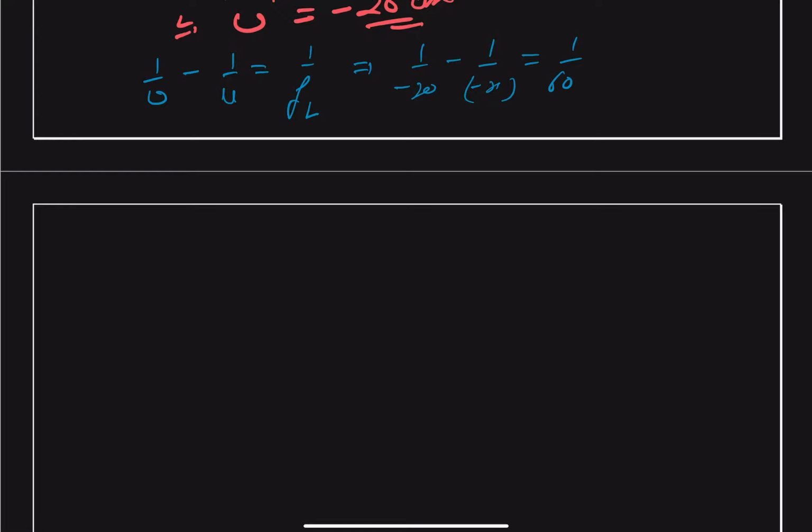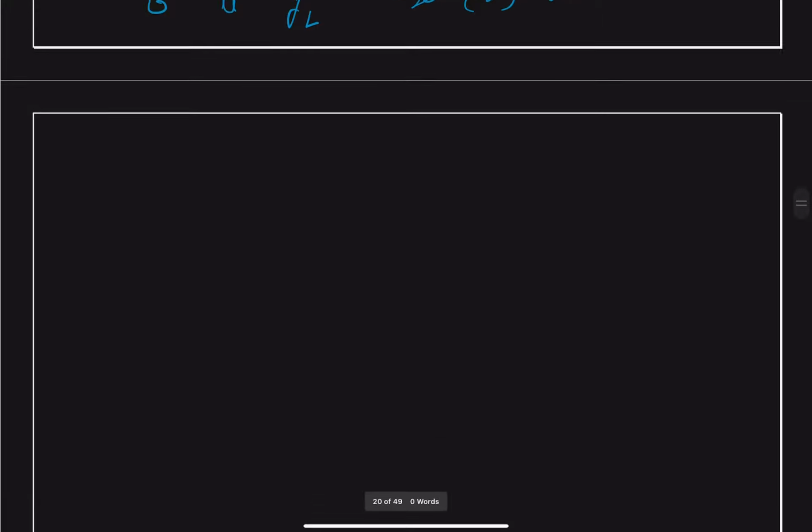So here U is taken as X, so we are going to find our X, and this gives us that X should be equal to 15 centimeters. So this is the position of the object, which is our pin.